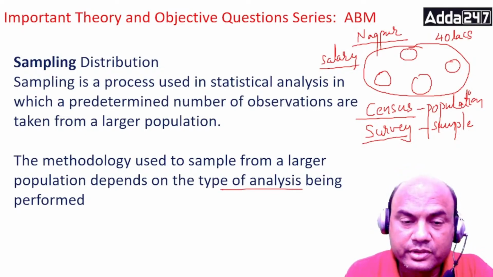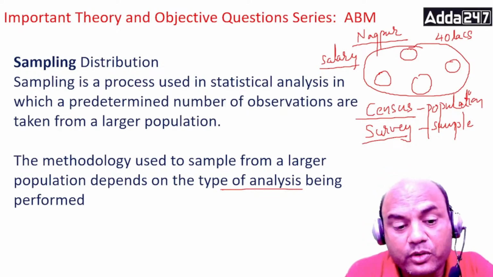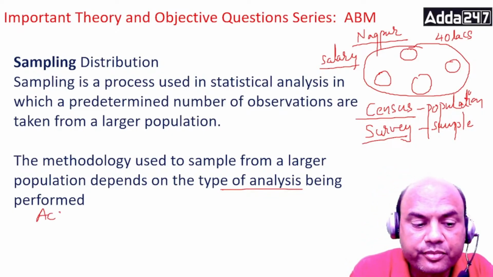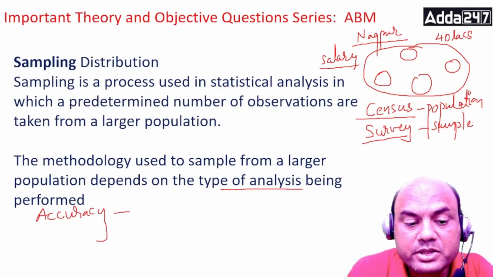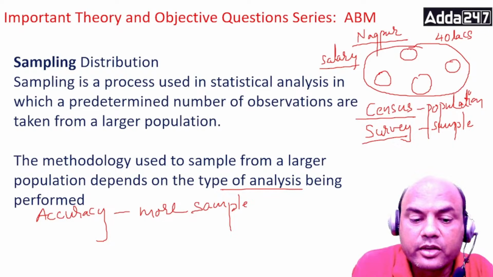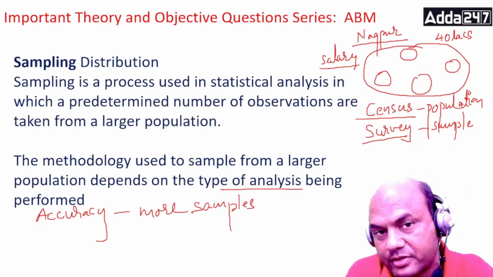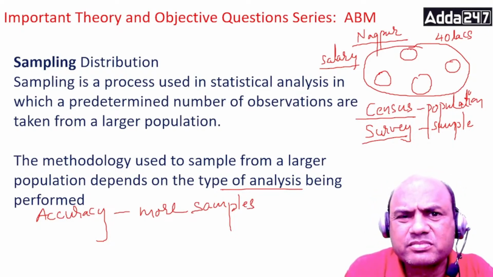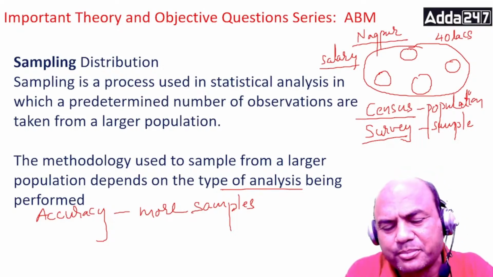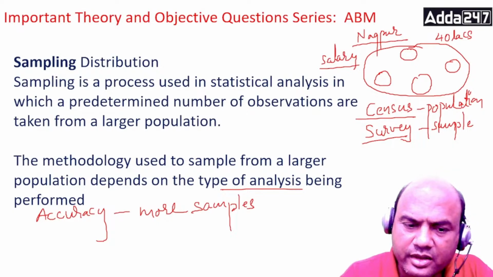If I don't want that much accuracy, here the logic is very clear. If you want accuracy, the number of samples should be more. More samples are to be taken if you want accuracy, right? If you want a gross level, not that much accurate, then you'll be taking lesser samples. Got it? Clear?